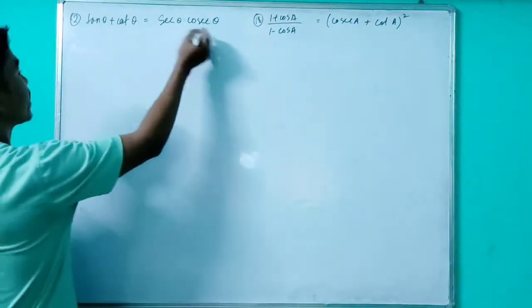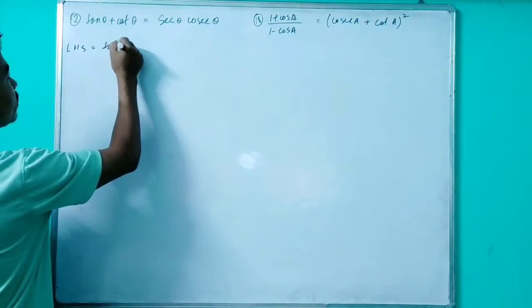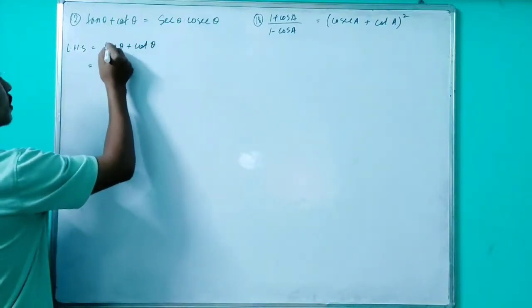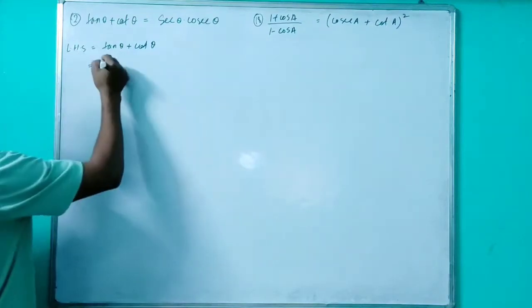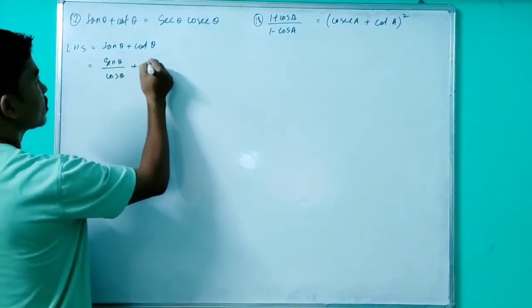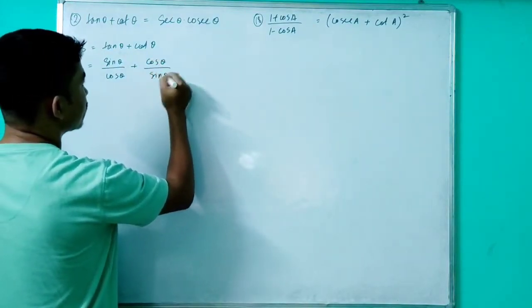So now to prove these identities, I start with the left hand side, which is equal to tan theta plus cot theta. Now what will I do? I will simply express tan theta in terms of sin theta divided by cos theta, plus cot theta can be written as cos theta divided by sin theta.